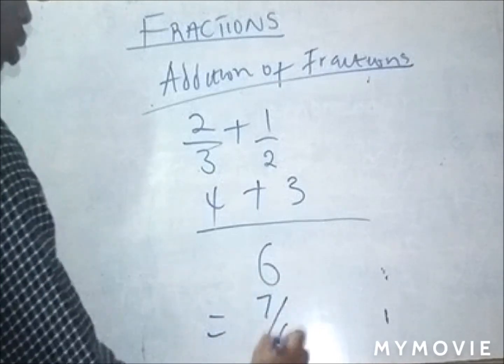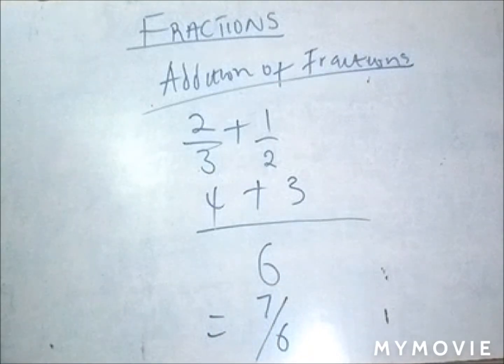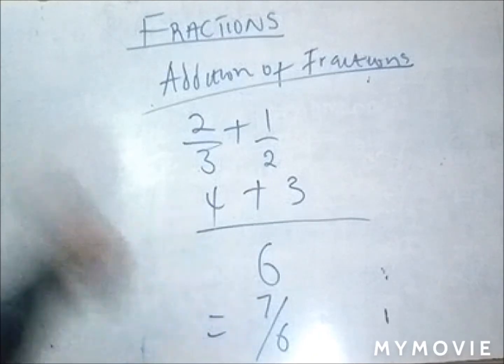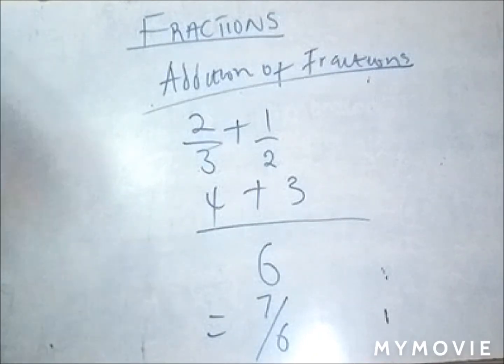So we'll be left with 7 over 6. The basic thing I'm showing you is that to add fractions, the first thing is to get the LCM of the denominators of the two fractions. Then you put the LCM as the new denominator.